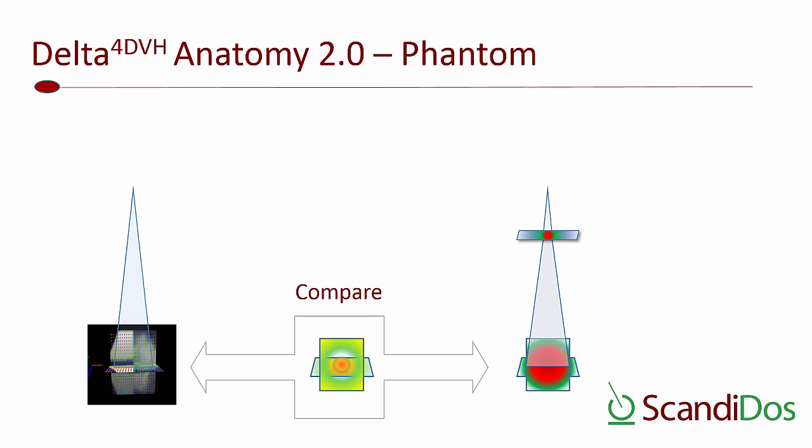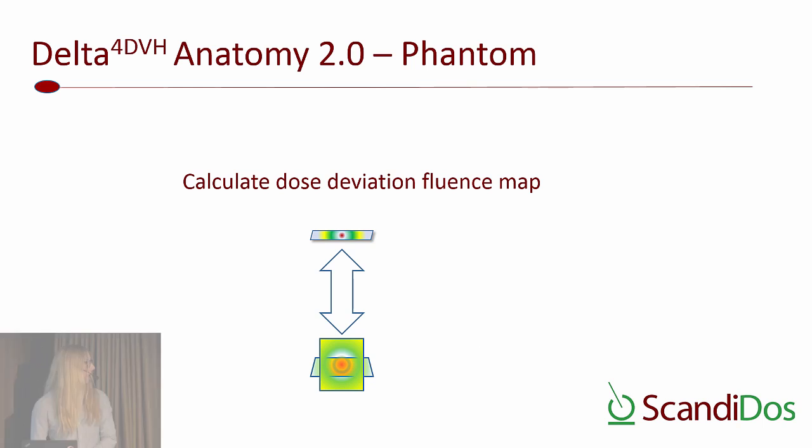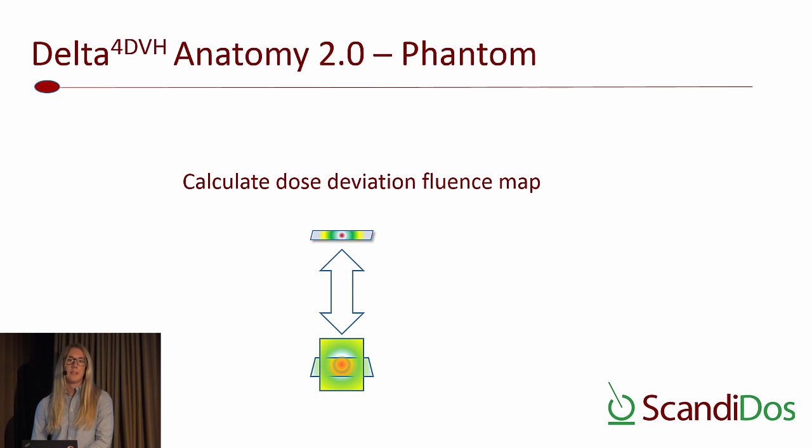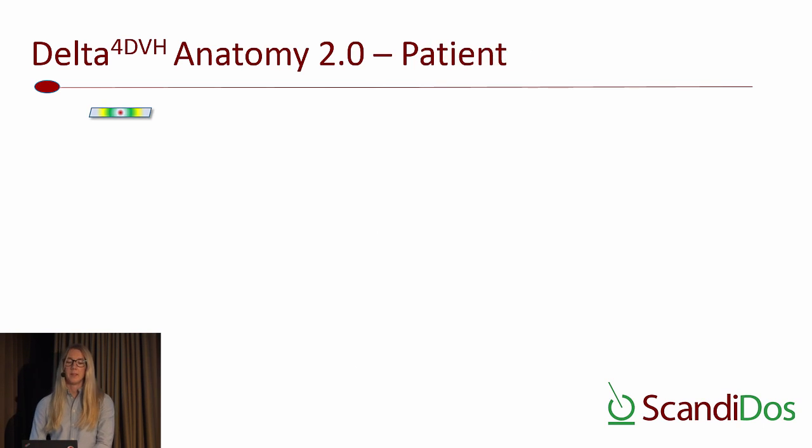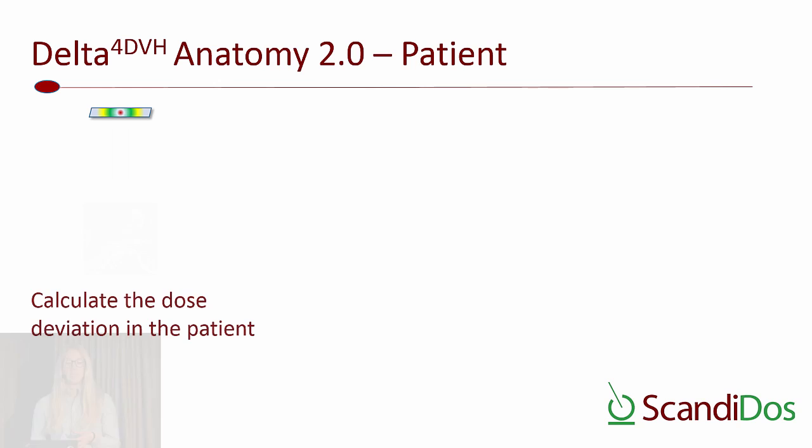We compare the measured and the planned dose in the phantom and then calculate a dose deviation fluence map. So here everything has been done in the phantom, so we have high accuracy and good resolution. We then take this dose deviation fluence map from the phantom and project it onto the patient.